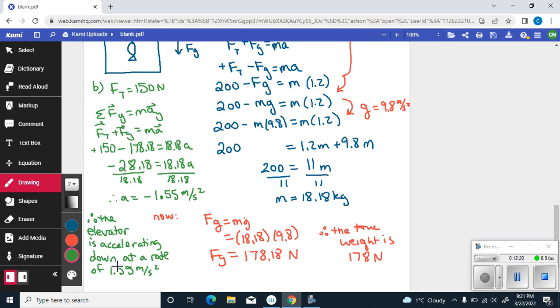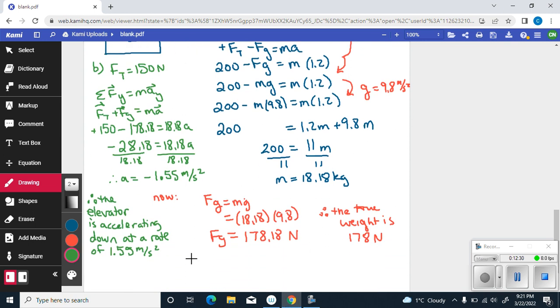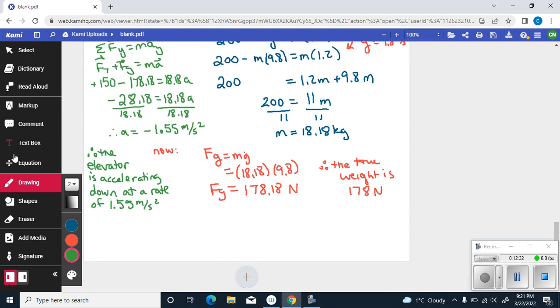So make sure you've got that down somewhere, either in the sentence or afterwards. Now the question says under what circumstances. So I know the acceleration is going to go down. So just be careful with that one, right? So I know my acceleration is going down.